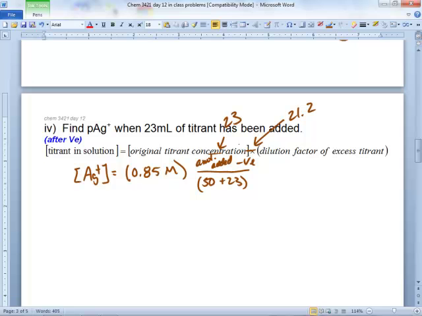And 23. Yeah, 0.021 though, right? Yeah. 1.68.